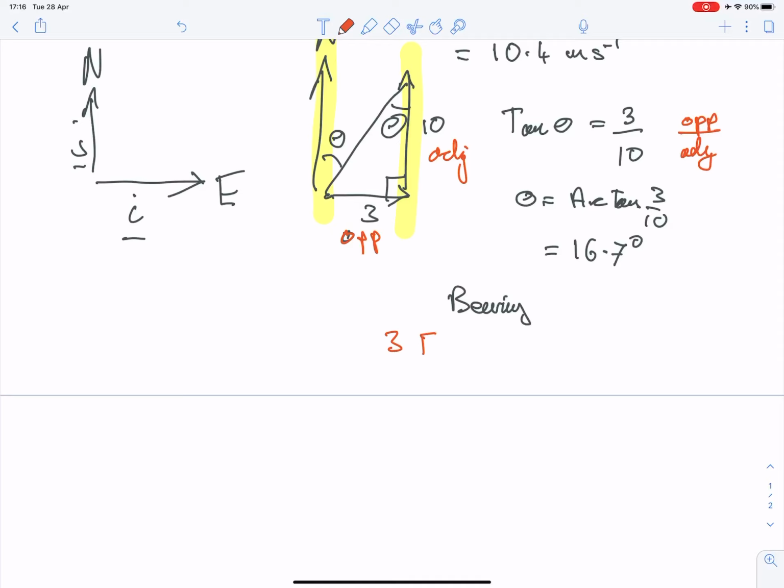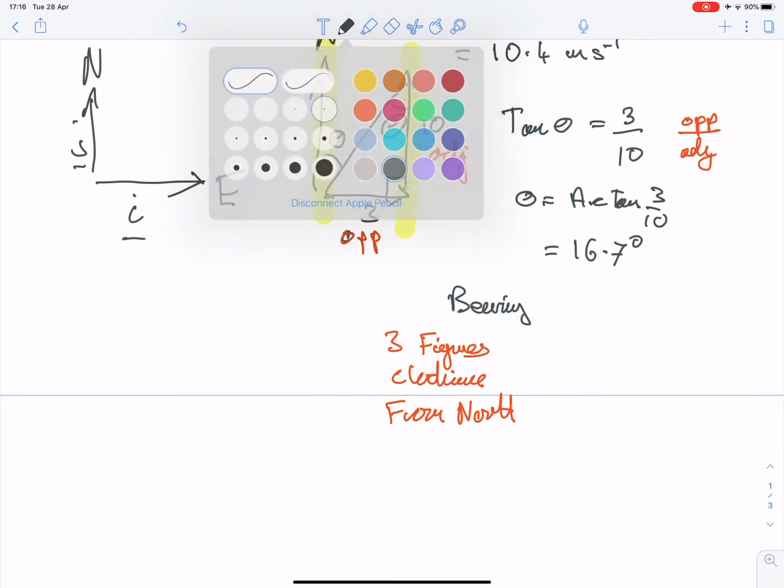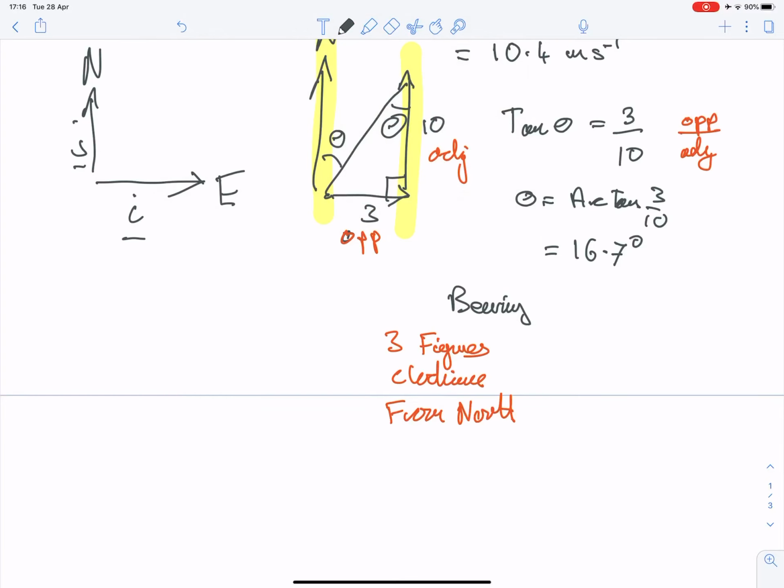3 figures, clockwise from north. So here the bearing is at angle 16.7 degrees, so the bearing is 17 to the nearest degree, clockwise from north, but it's got to be 3 figures, so it's 017 degrees will be the bearing.